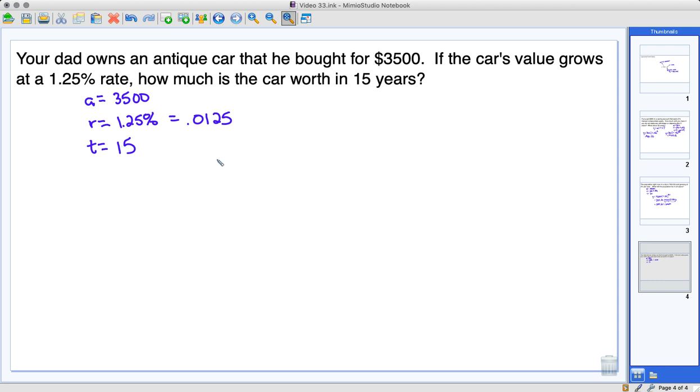Then you write it into your equation: y equals 3,500 times (1 plus 0.0125) raised to the 15 power.